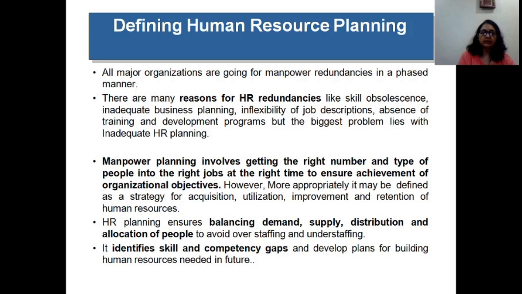It is looking at the gap between the demand and supply, and it ensures that this gap is narrow, there is a balance, and then it is also looking at balancing the distribution and allocation of people so that it does not lead to shortages and surplus of human resources. Then HRP also identifies skill and competency gaps and develops plans for building human resources needed in future.